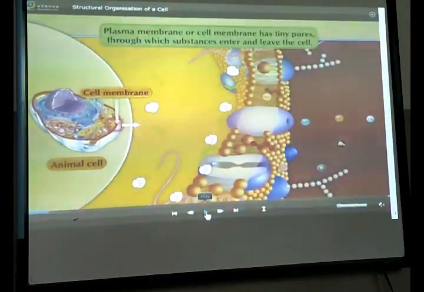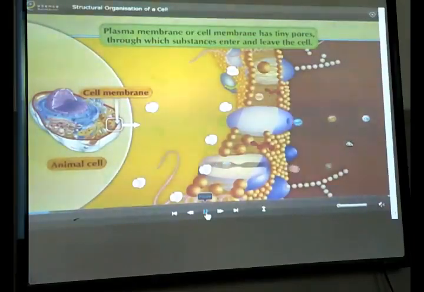Whatever substances we take in the form of food, after digestion, how they are exchanged through this cell membrane, that we have to understand.